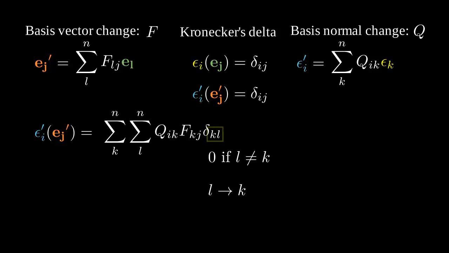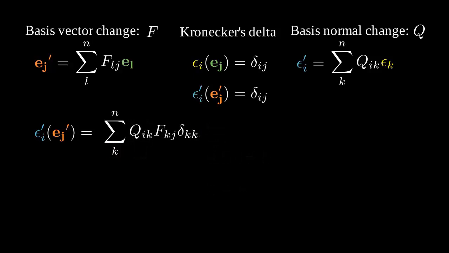In the same way as before, most of the terms of this summation become 0 except when k is equal to l. Thus, we can only use k. Then, delta lk becomes delta kk, and delta kk is always 1, so we can remove delta kk. The left-hand side of this equation is also the Kronecker's delta.